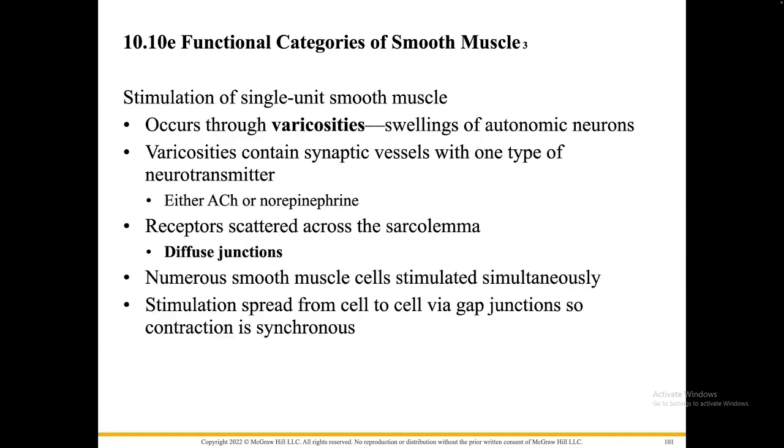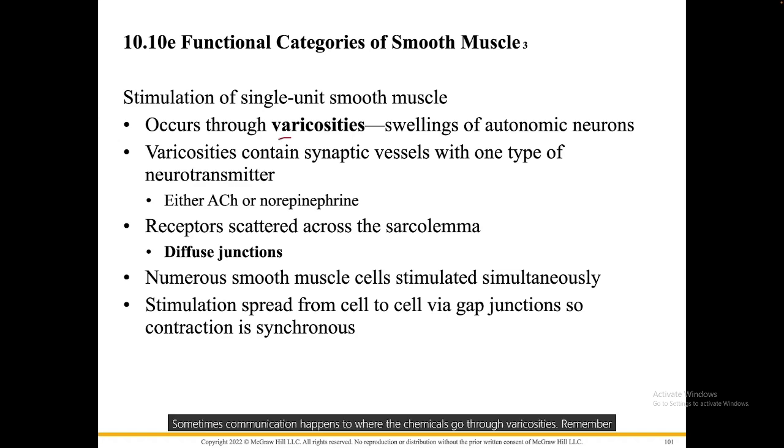If we have this single unit smooth muscle set up, sometimes communication happens through varicosities, where the chemicals go through. Remember those? It's like the synaptic knob that had the synaptic vesicle with probably the same neurotransmitter, acetylcholine, or another one we're going to learn about called norepinephrine. But basically these are chemicals that are causing the muscle to contract.